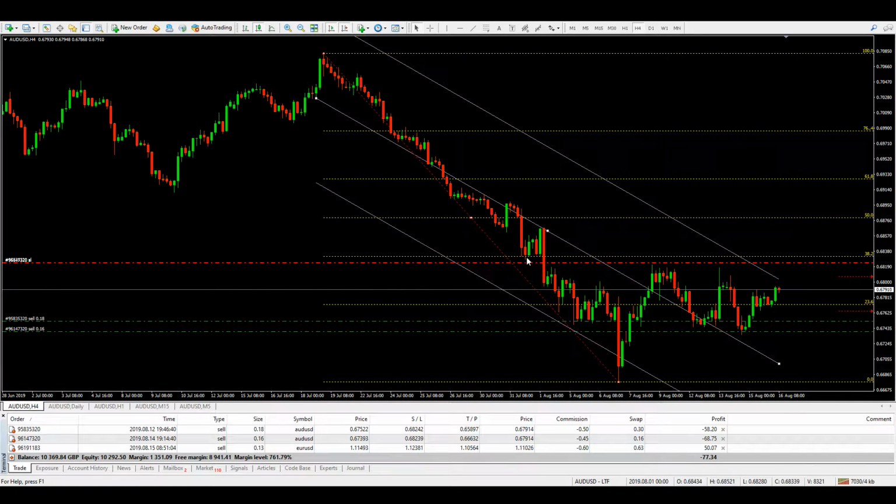There are previous support areas as well that this price had trouble moving much higher than. So I'm happy to have my stop losses above this level. It's an area where there's a clear indication that I'd be wrong on this trade if that were to happen. It's outside of our standard deviation channel, and it's above our previous resistance as well.